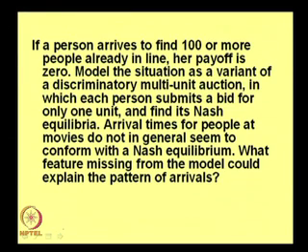Model the situation as a variant of discriminatory multi-unit auction in which each person submits a bid for only one unit and find its Nash equilibrium. Arrival times for people at movies do not in general seem to conform with the Nash equilibrium. What feature missing from this model could explain the pattern of arrivals?